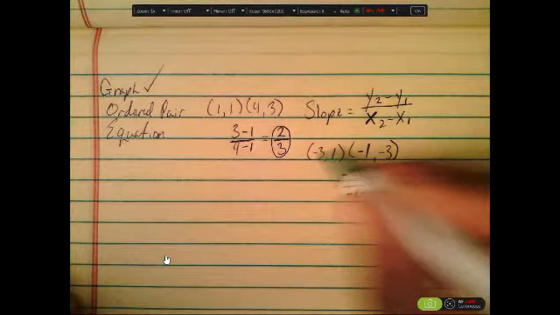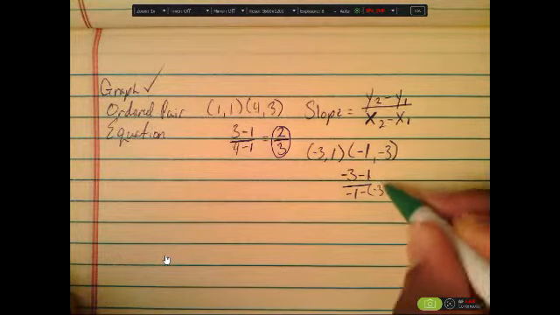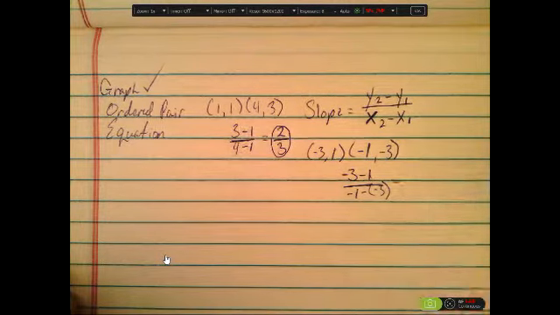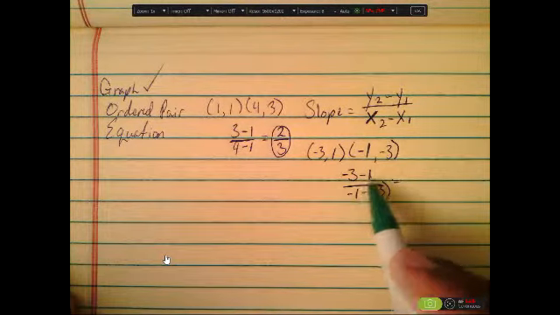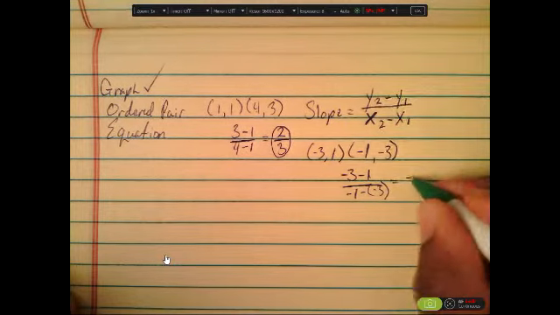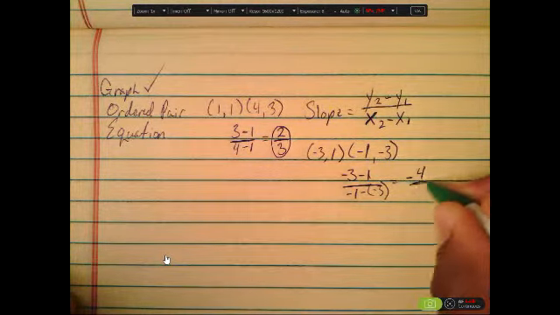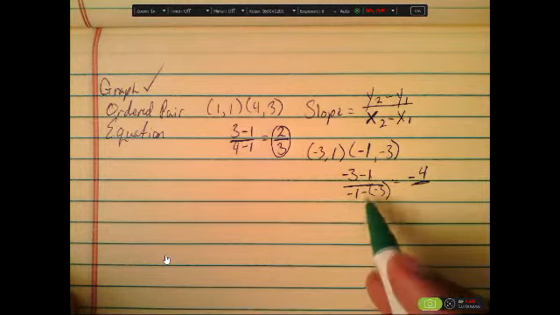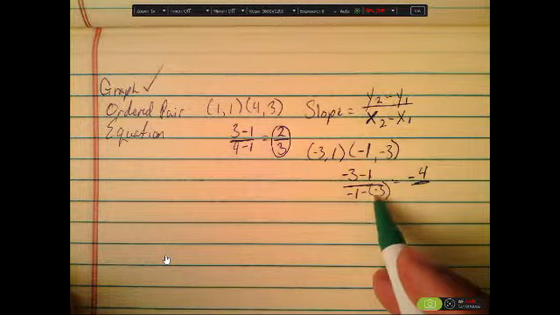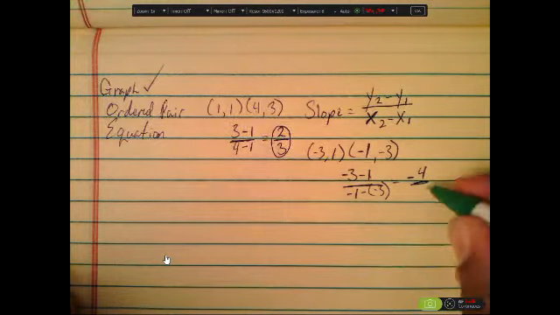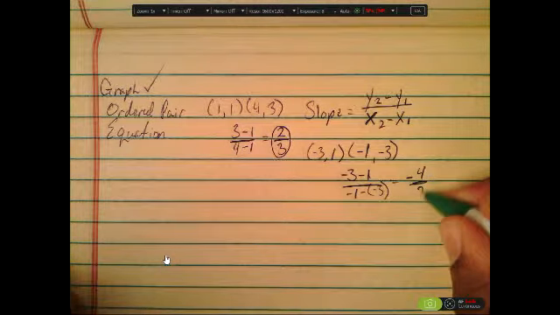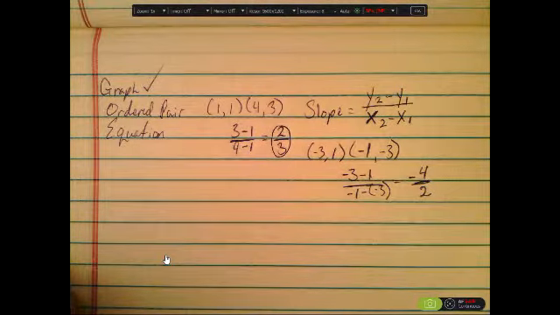minus -3. Okay? And we know that -3 minus 1 is going to give us what? -4. And then we know that -1 minus -3 is going to give us positive 2. Right? Good to go.